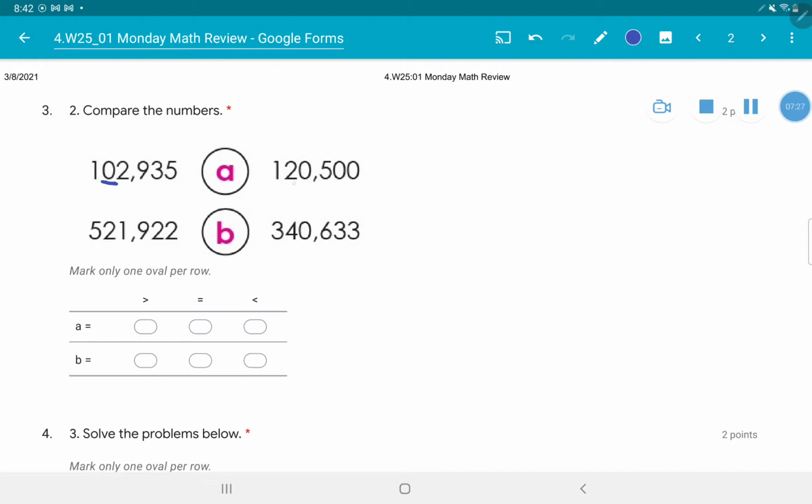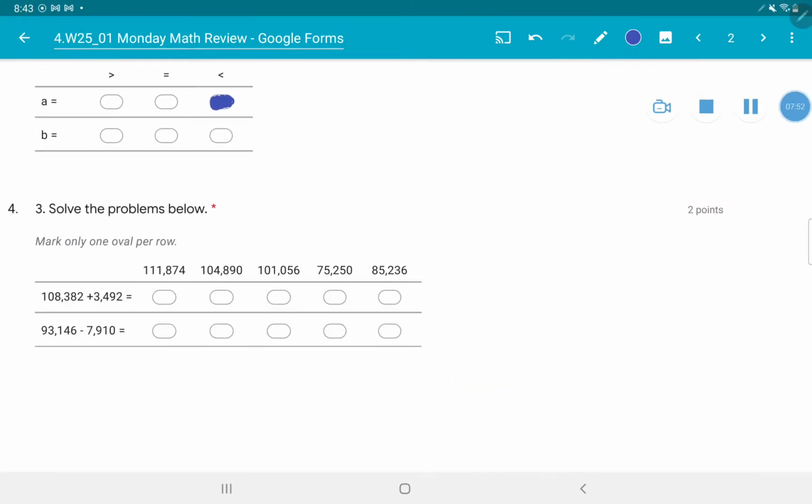Okay, so which one's bigger? The 120,500. Very good. So for A, we would need the less than symbol because 102,935 is less than 120,500. Very good.